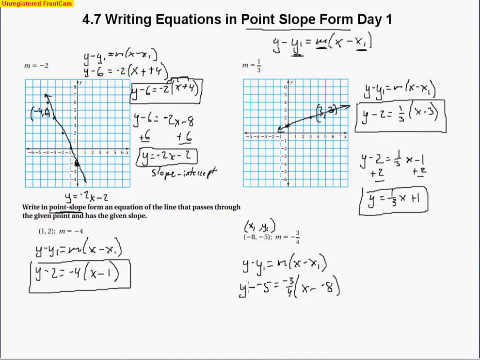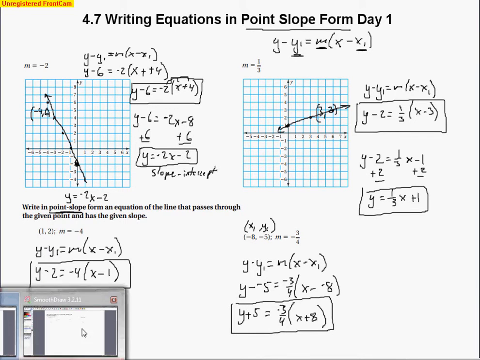Whenever I have minus negatives, I just go ahead and change those to add the opposite. So minus negative makes a plus positive. y plus 5 equals negative 3/4 times x plus 8. That's the solution there.